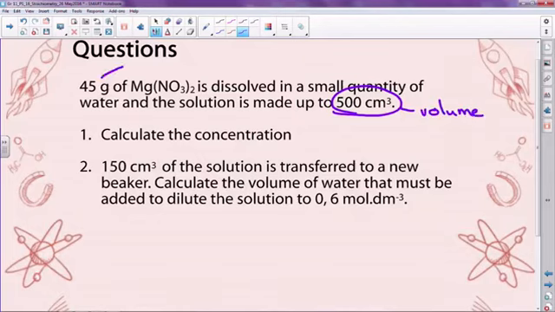I've got a mass, so that means there's at least 2 calculations there. Then my first question is calculate the concentration. And the second question is 150 cubic centimeters of solution is transferred to a new beaker. Calculate the volume of water that must be added to dilute the solution to 0.6 moles per cubic decimeter. Got a dilution question as well.